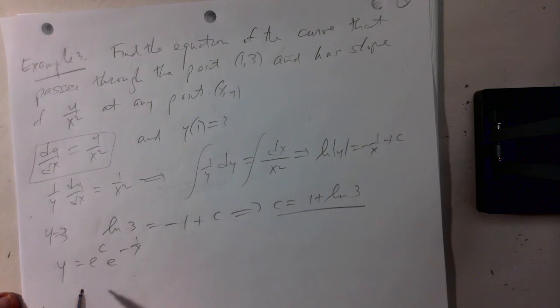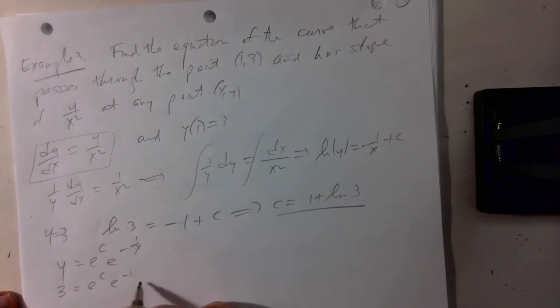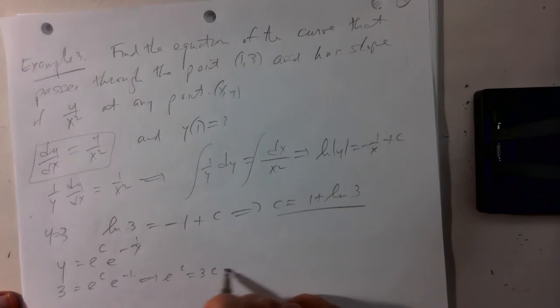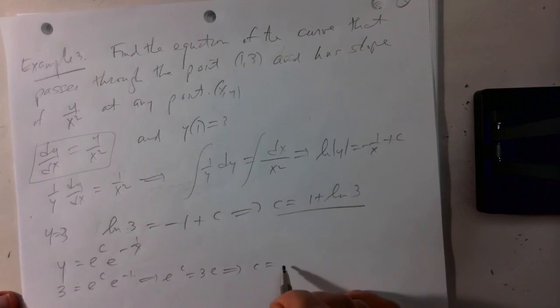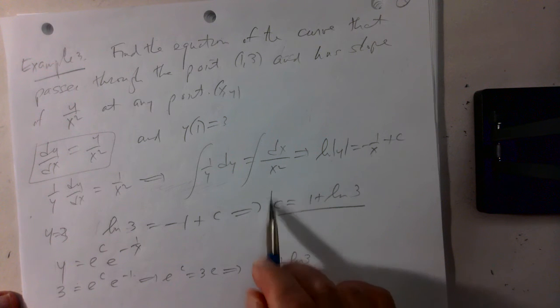If you go through the point 1, 3, when x is equal to 1, y is equal to 3. So e to the c is 3e. So c is equal to log 3 plus 1, just what I got over here.